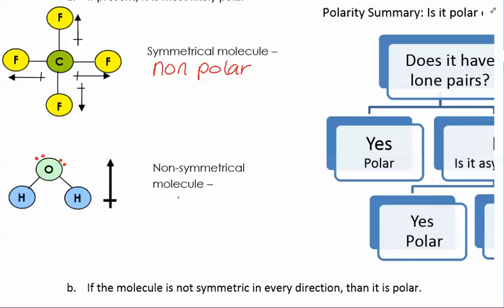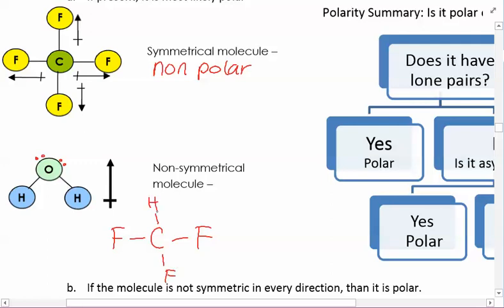Let me give you an example of another non-symmetrical molecule. So let's say we had carbon with 3 fluorines and 1 hydrogen. This would be an example of an asymmetrical molecule that would be polar, because the hydrogen is going to share the electrons differently with the carbon than the fluorine and the carbon.